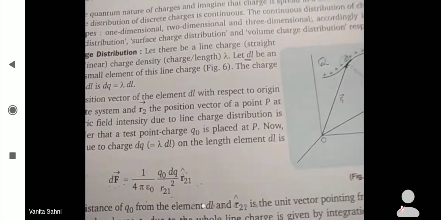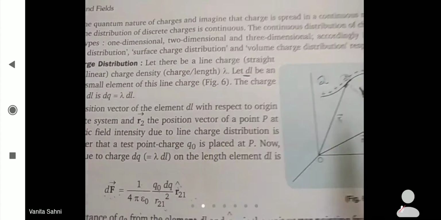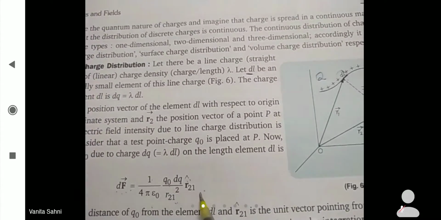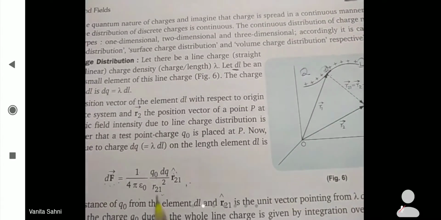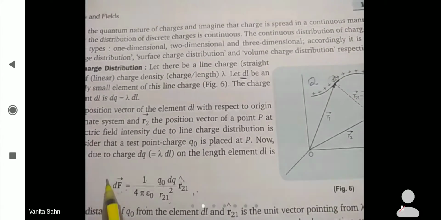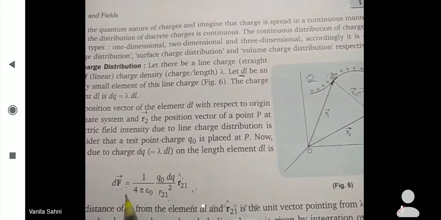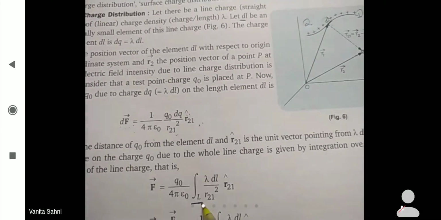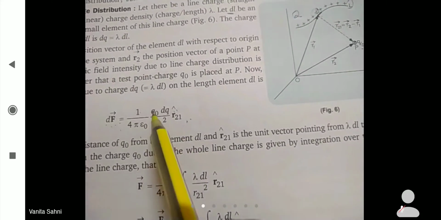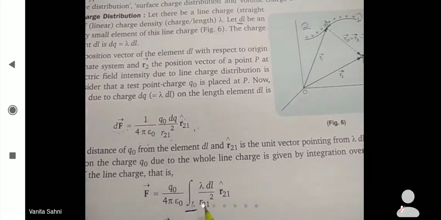So if the small force exerted by the small element is this much, then the force exerted by the whole length will be the integration of these small forces over the whole length L of the wire. Now in that integral, these things will be common. Integration is also a summation where the lengths are tending to 0.